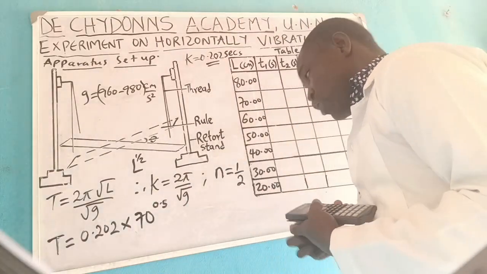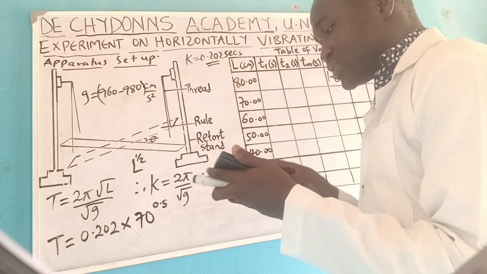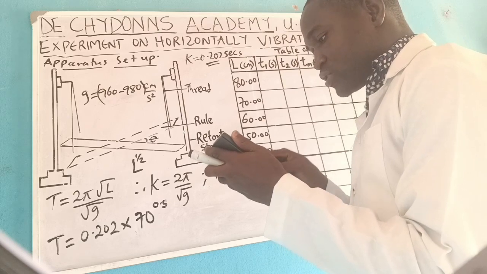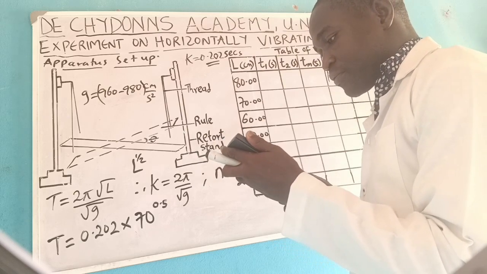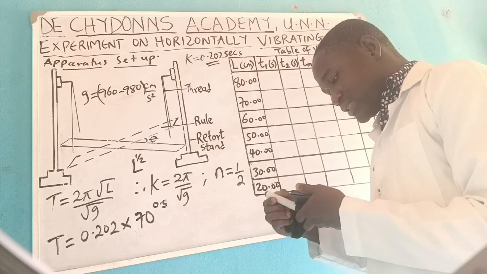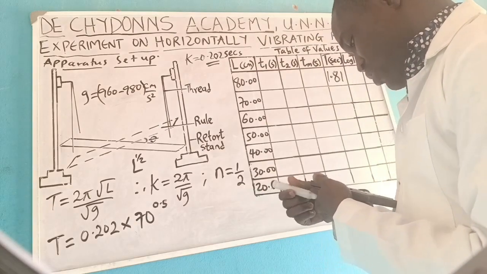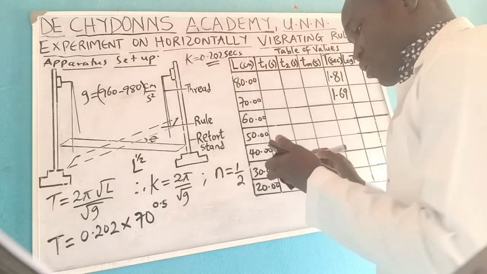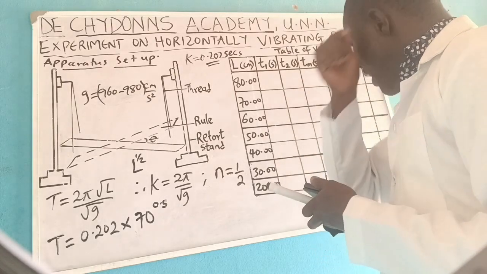Okay? We don't want to perform the experiment, so that is why we are doing it this way. Times 70 raised to the power of 0.5. 1.69. Wow. Then we go again.